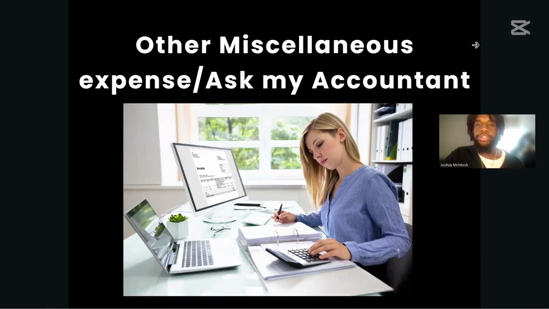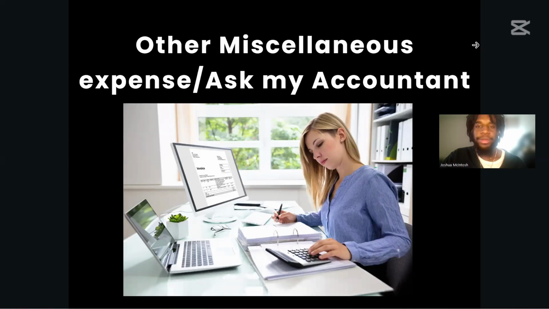Other miscellaneous expenses, or ask my accountant. If you're ever going through your transactions and you don't know what to label something, it's easy to put it as a miscellaneous expense, but please try to put it under office supplies or job supplies or whatever the closest category, because it's hard to tell what that expense is if it's miscellaneous. And if you're really having trouble with it, I'll just put the ask my accountant feature on it and just ask your accountant.